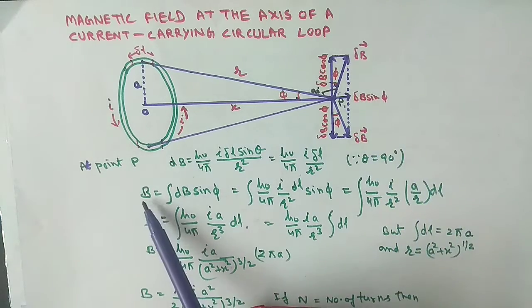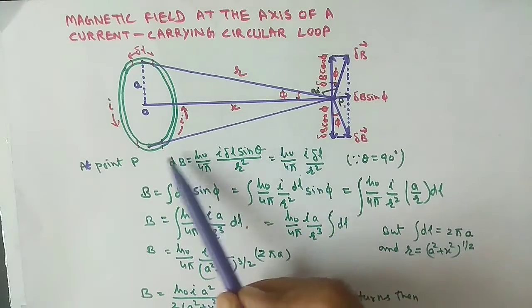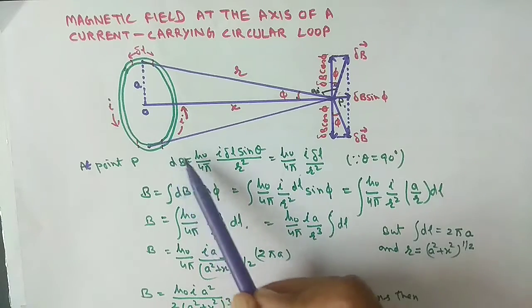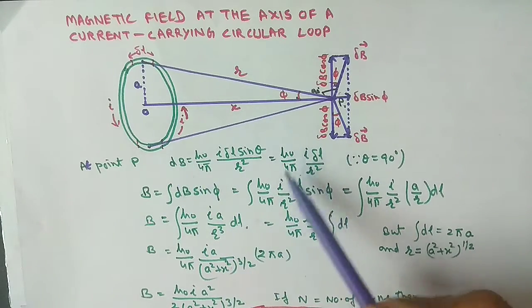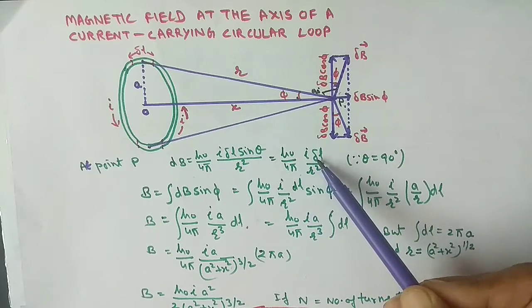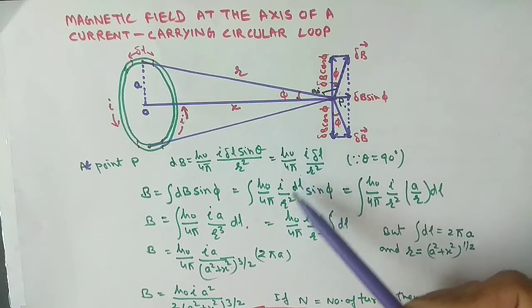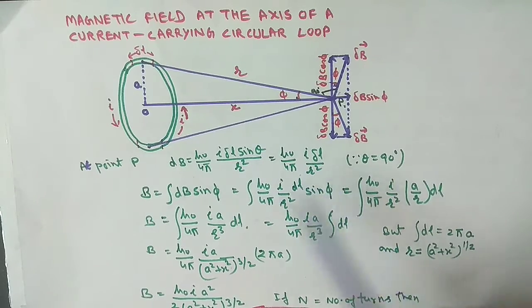So the total magnetic field B is equal to the integral of dB sine phi. Put the value of the small magnetic field dB here: mu naught upon 4 pi I dL upon r square, sine phi.